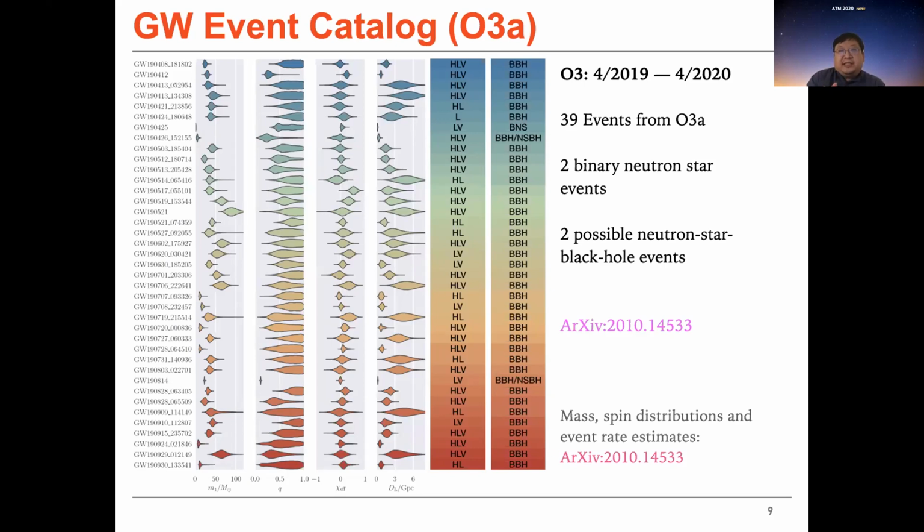So from this, the immediate information you get are the distributions of masses of these individual black holes. Shown in these columns here are the mass of the primary black hole, which is the heavier one, and also the mass ratio. And also the chi effective here describes the effective spin parameter that measures how fast these are spinning.